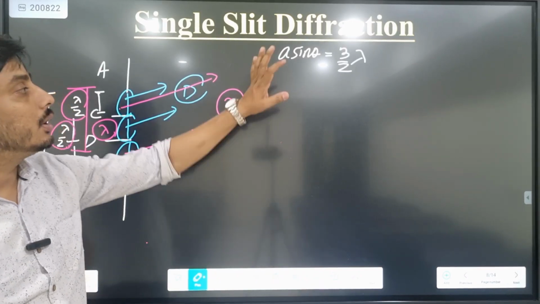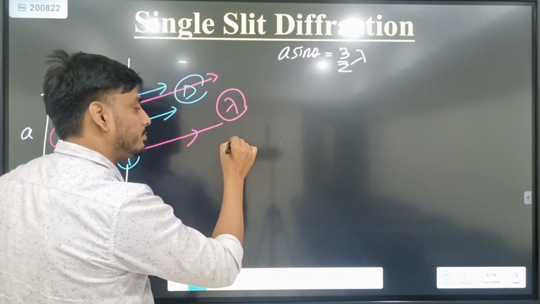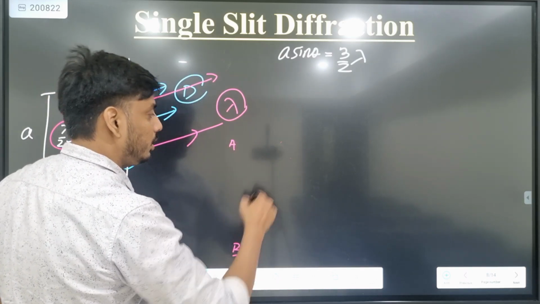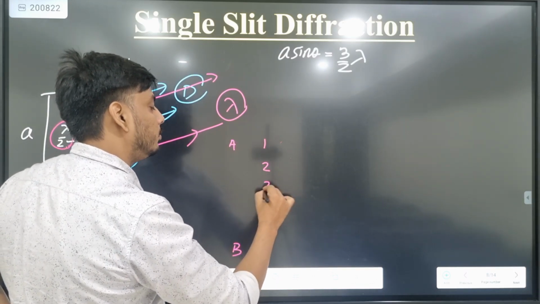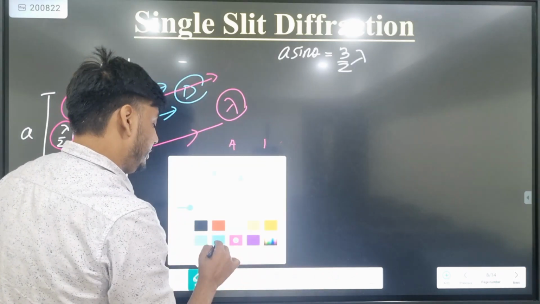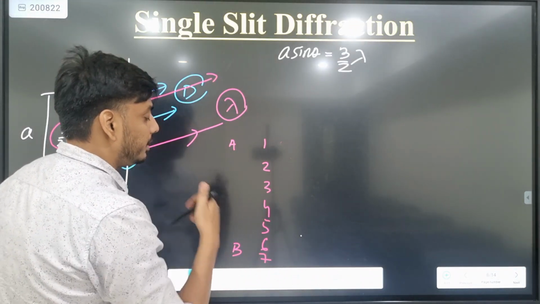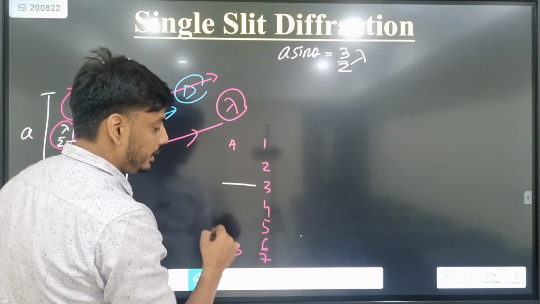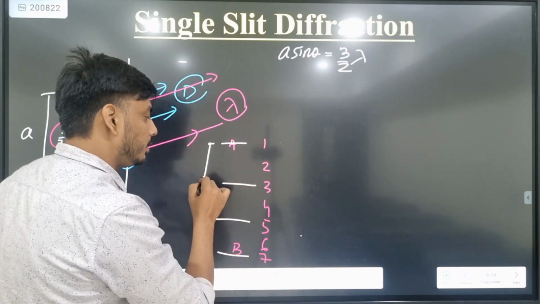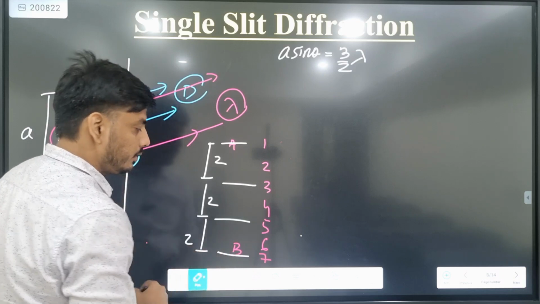So whatever condition we assume here, again I am giving you the same example in terms of numbers, so that it will be more clear for you. If 1, 2, 3, 4, 5, 6 and 7, then we divide it into 3 equal parts. Clear? So if we divide it into 3 equal parts, 3, then 5 and the last one is 7. Here the difference is 2, here the difference is 2, here the difference is 2.